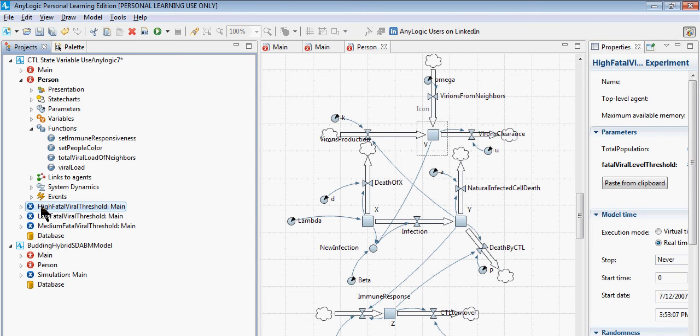So the idea is that if you have neighbors with whom you are sharing, say, needles for intravenous drug use, you'll be exposed to some virions from those neighbors. Now, it turns out that the exact formulation here, whether it's continuous or discrete, we played around, doesn't seem to matter that much, because as long as you're exposed to a small bit of viral load, what determines it after that is your immune strength and so on.